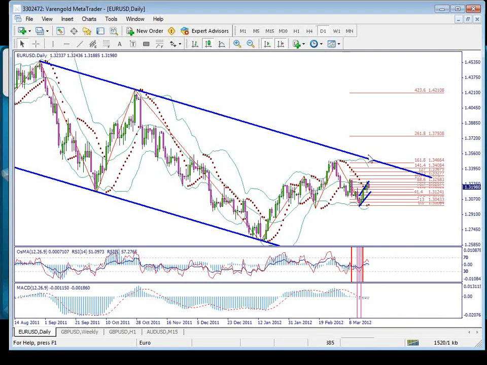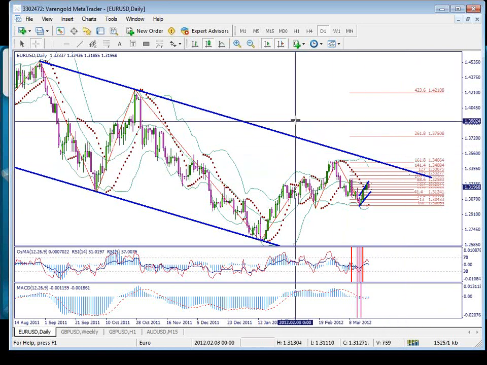It's possible on the daily basis for the pair to go and test again this superior trend line. It means that we are going to have maybe 1.33, maybe one of those levels.